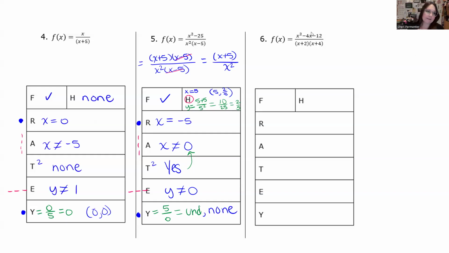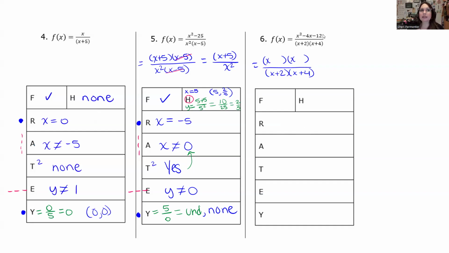The next problem, am I factored? For the next problem, am I fully factored? Yeah, the top has to be factored still. So I need to factor the top. And for the denominator, it's going to stay the same, x plus 2 and x plus 4.